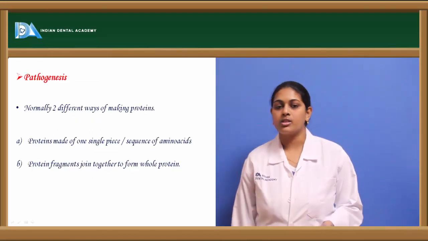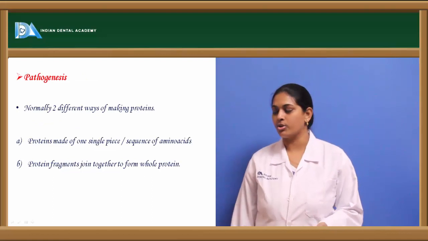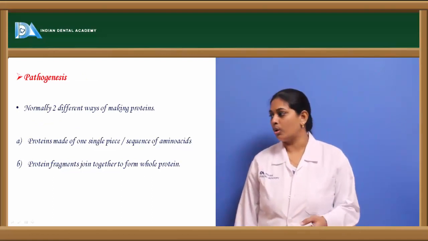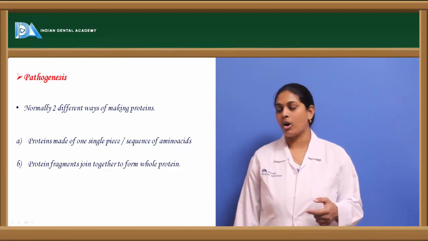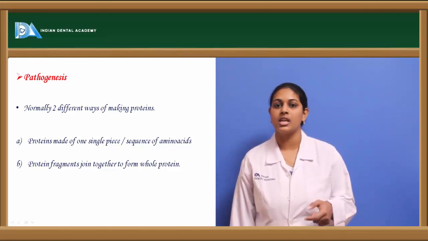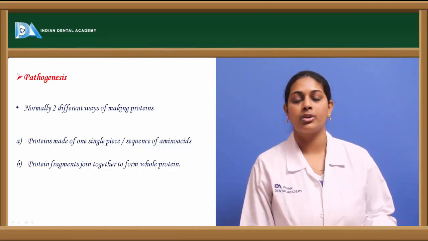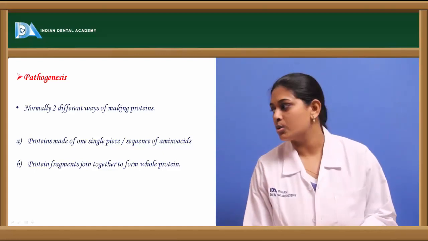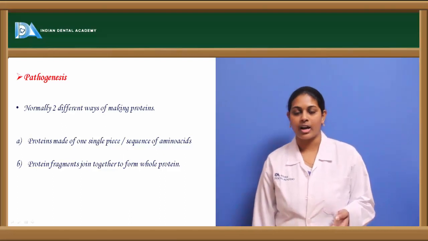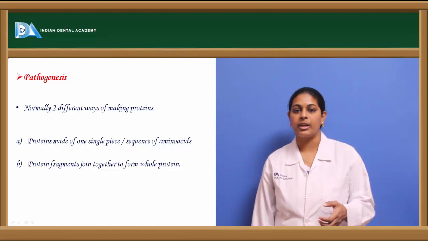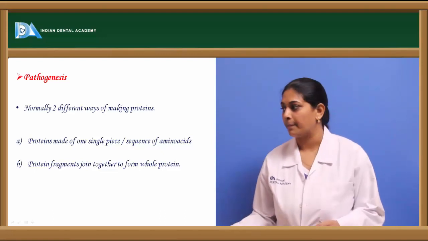Coming to the pathogenesis, a protein structure is usually formed either by a single piece, that is, one sequence of amino acids forming one pattern of protein, or by two or three patterns or protein fragments which join together and result in the formation of a completely formed protein structure.